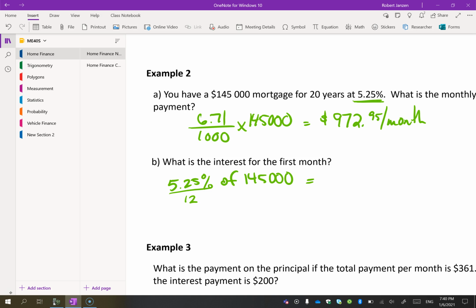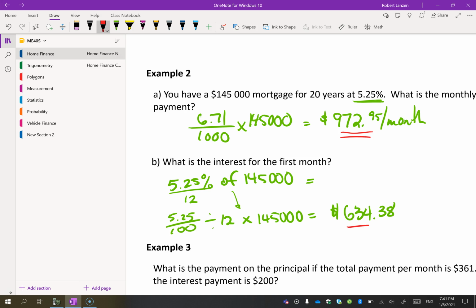So I'm going to do 5.25 out of 100 divided by 12 times, because that's what of is, times 145. Okay, and that is $634.38.